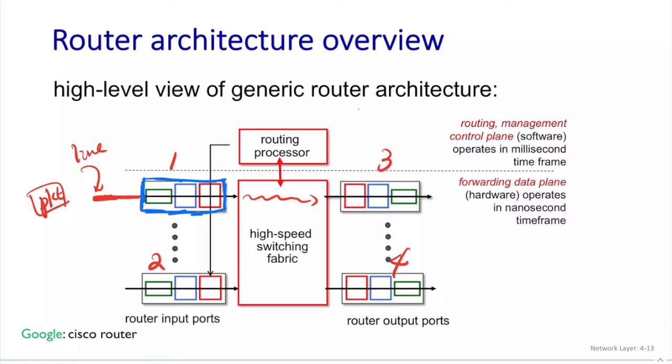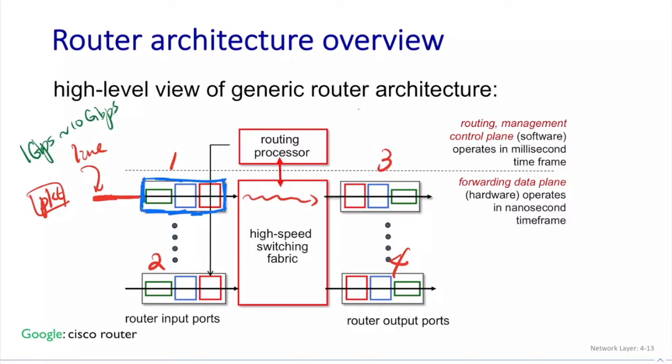And usually you connect a line at this port, right? So currently the line speed for a router should be 1 gigabit per second to 10 gigabit per second. That is the line speed.